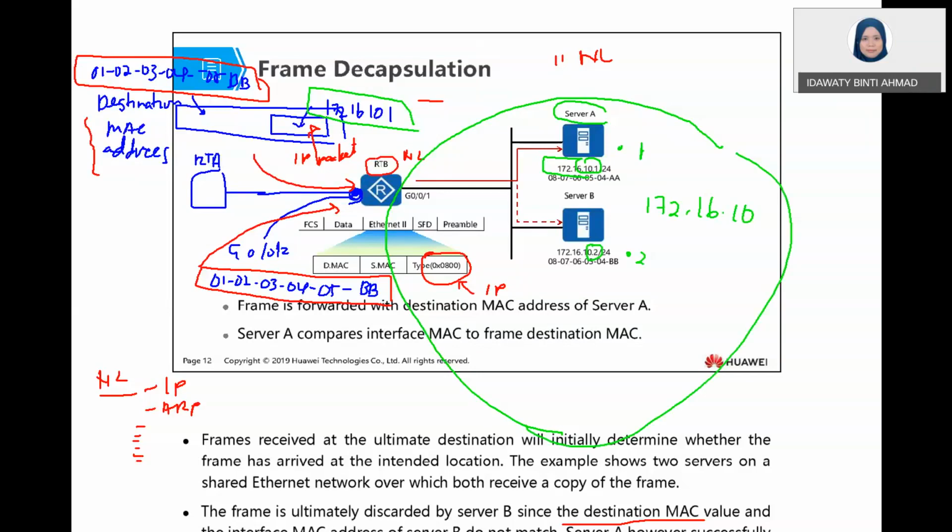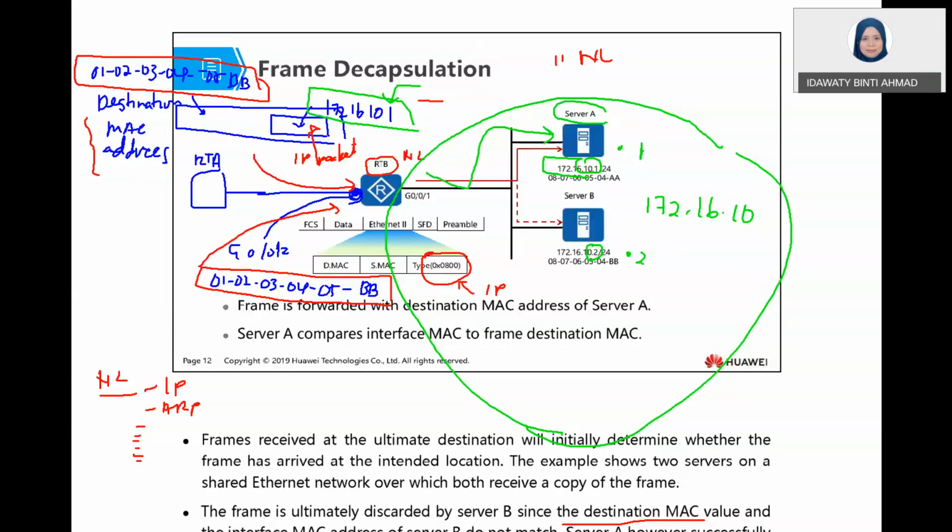So when you look at this destination and the routing table in RTB, RTB understands that it can forward the packet to server A, because if you check the routing table in RTB, server A is part of the local area network for RTB.